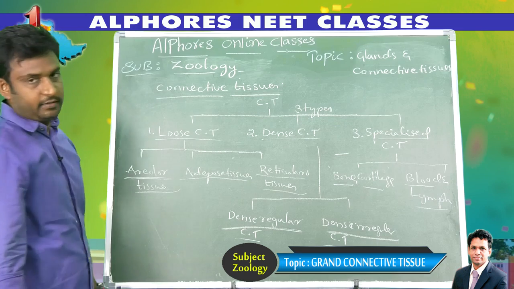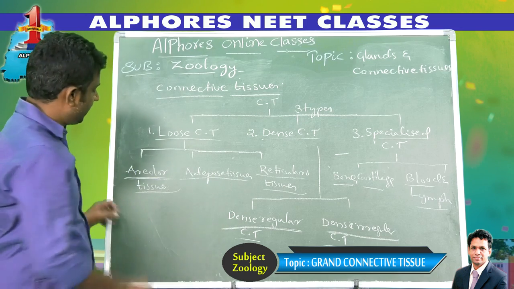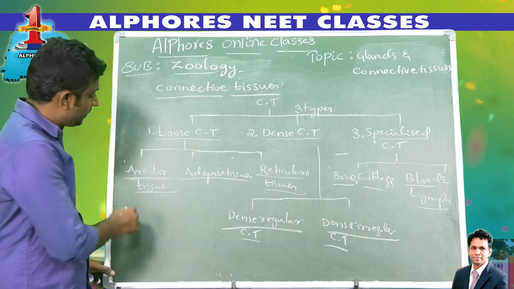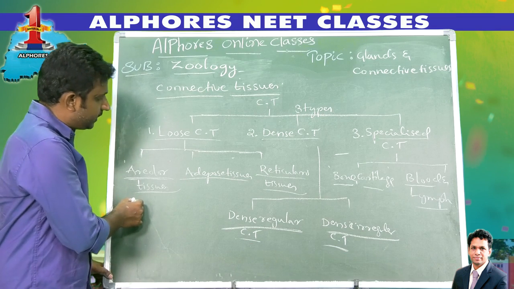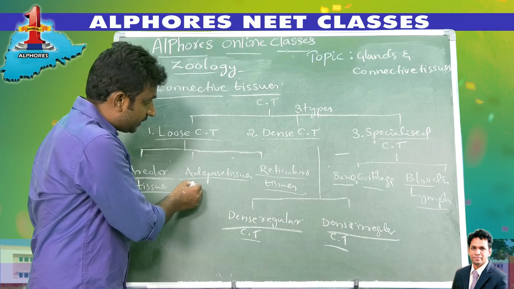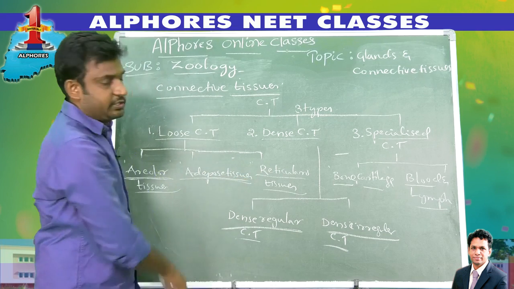So one by one I'll discuss all these tissues. Areolar tissue: what is the structure of areolar tissue? What are the components present in the areolar tissue? And where is the areolar tissue present? Then adipose tissue: what are the components of adipose tissue? Where do we find adipose tissue?